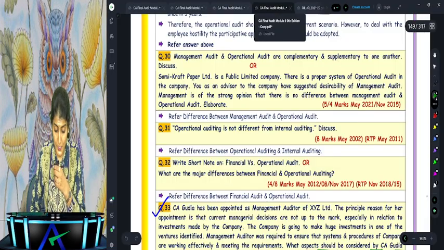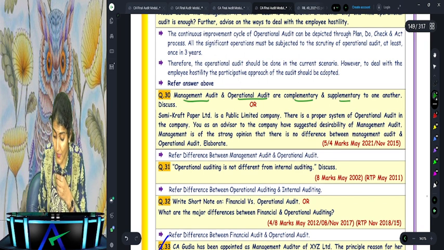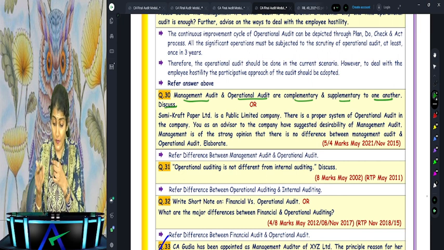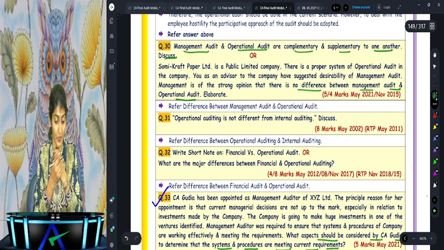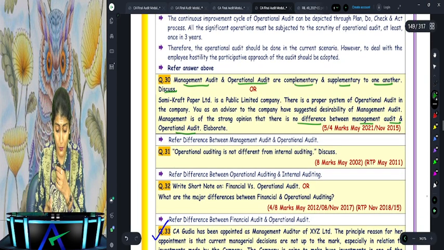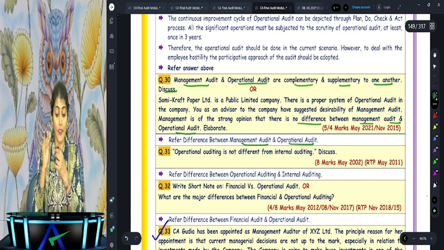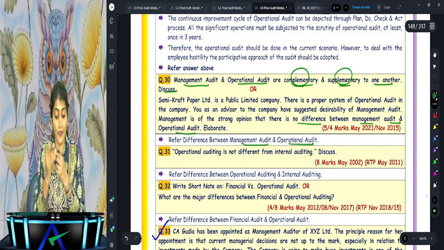So if you look at the question bank, you have a question over there: management audit and operational audit are complementary and supplementary to one another. Or there is a question, management is of the strong opinion that there is no difference between management audit and the operational audit. So what you have to write down over there is that there is a difference between the management audit and the operational audit, but they are complementary and supplementary to one another.